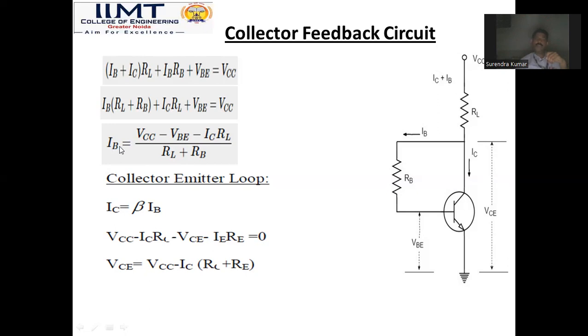If you put the base current value in this formula, we can find out this collector current. Now, by applying KVL in the outer section, we will have VCC minus ICRC minus VCE minus IERE, and finally we will have the voltage across the collector and emitter terminals, which is VCE equal to VCC minus IC (RL plus RE).